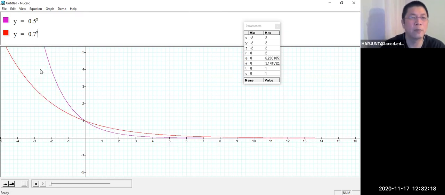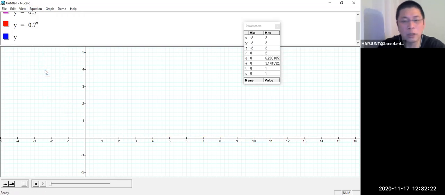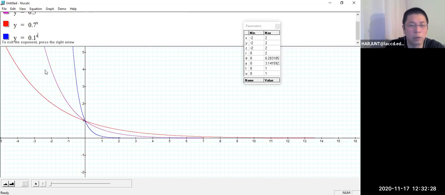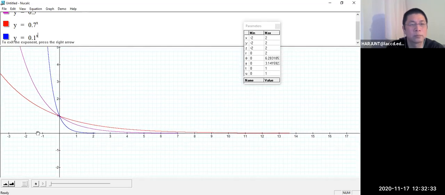What if the base is 0.1? I think that would be quite steep. y equals 0.1 to the x. Okay, let me screenshot this. That way, we can analyze something.